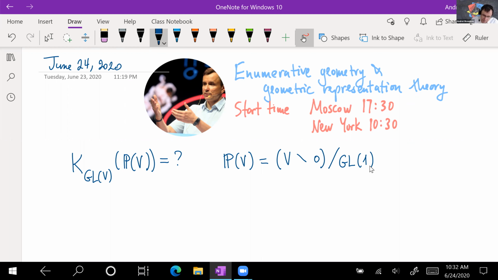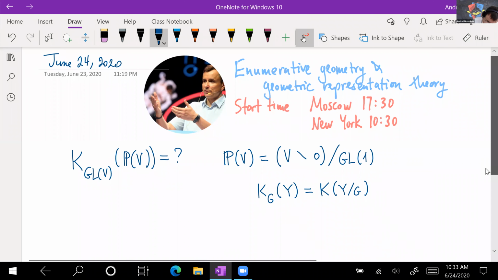We discussed there's a general principle that if I have a quotient by some group G, so if I have a free action of G on some Y, then the equivariant K-theory of Y is the same as the ordinary K-theory of the quotient. And if you have more groups that go along for the ride, there's a similar statement.